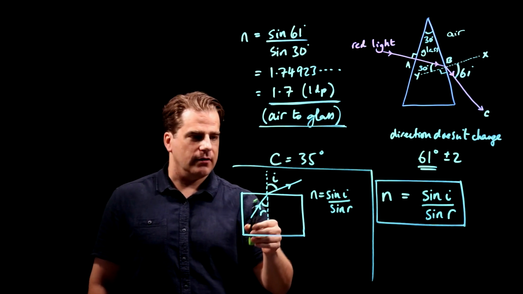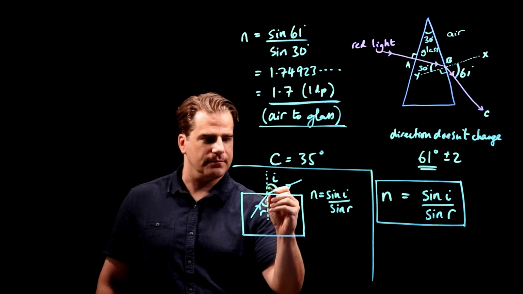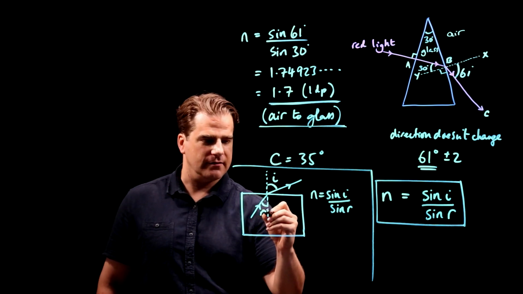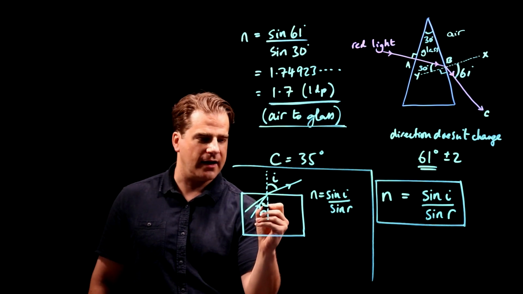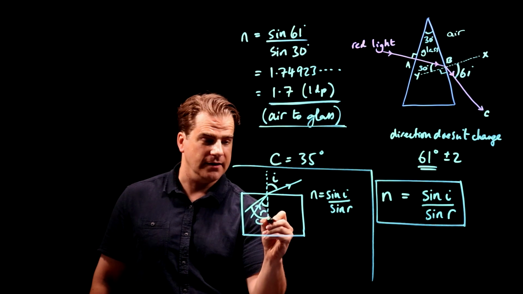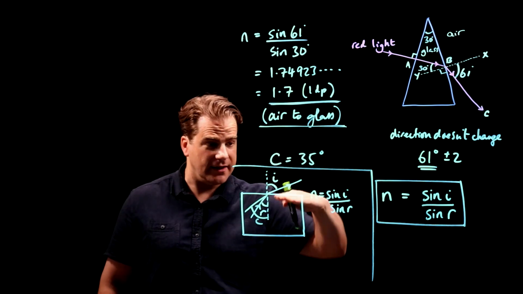So just explain as briefly as you can that at some point, if you increase R to the critical angle C, then the refracted ray will eventually hit this surface.